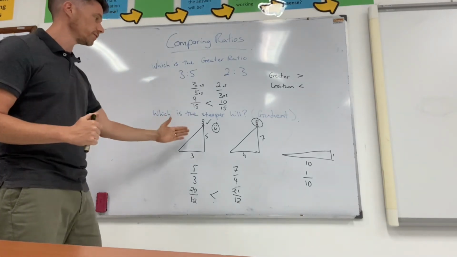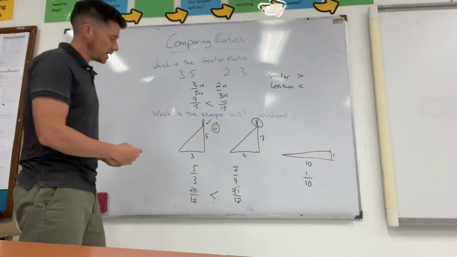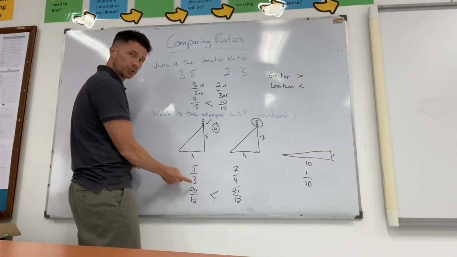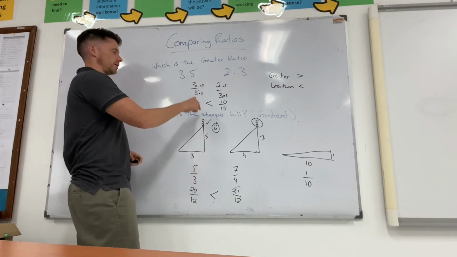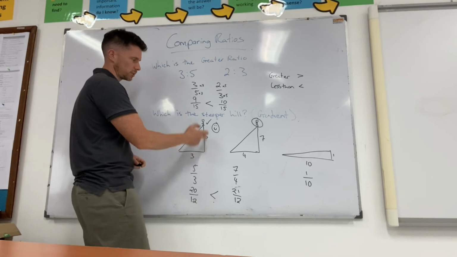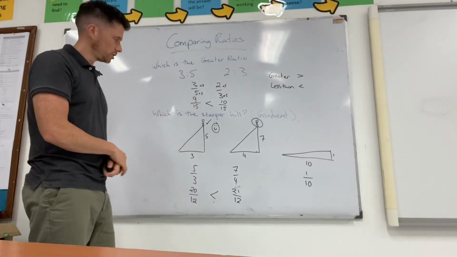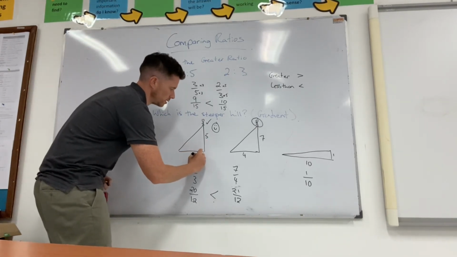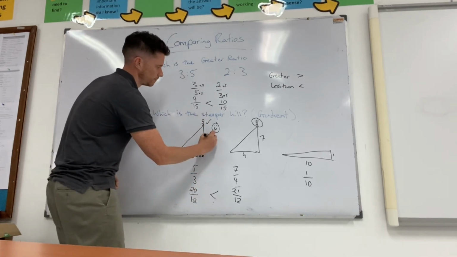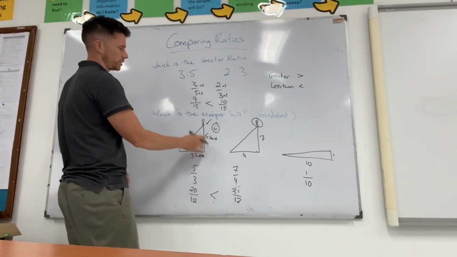We can look at the gradient of lines based on its horizontal on the bottom of a fraction and its vertical on the top of the fraction, so the x-axis and y-axis, if you wish to use them. The horizontal goes at the bottom of the fraction, and the vertical goes at the top of the fraction.